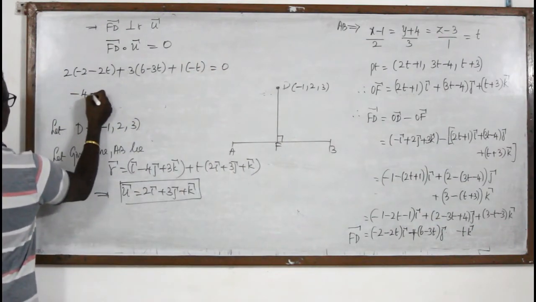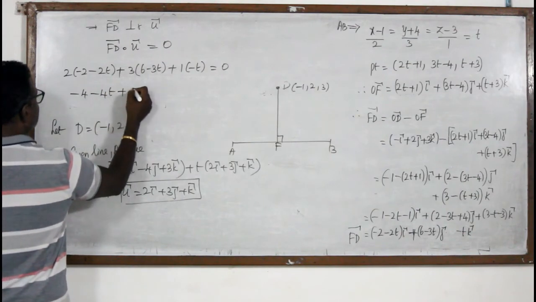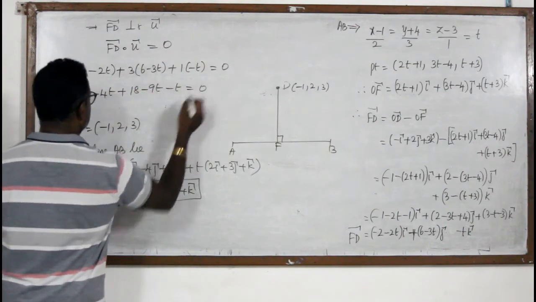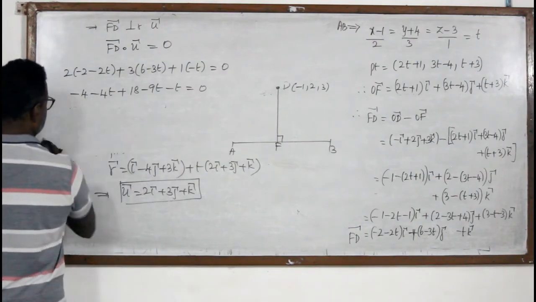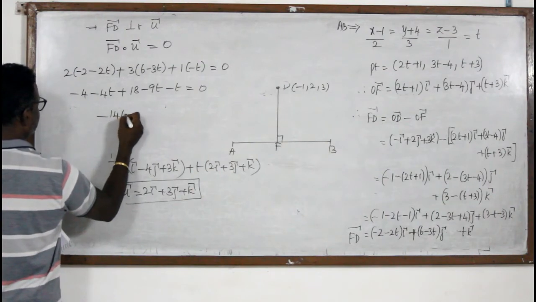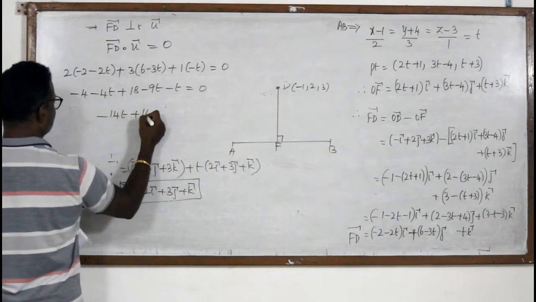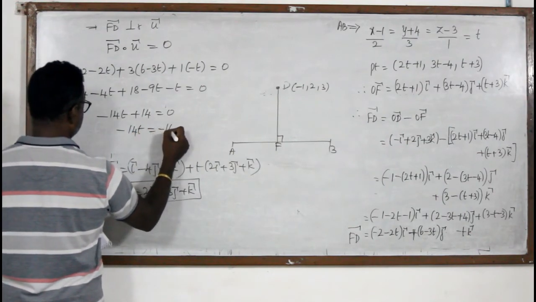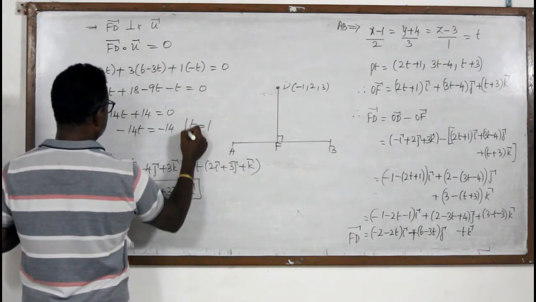It is minus 4 minus 4t plus 18 minus 9t minus t equals 0. Minus 4t minus 9t minus t is minus 14t, and 18 minus 4 is 14. So minus 14t plus 14 equals 0, minus 14t equals minus 14, t equals 1.